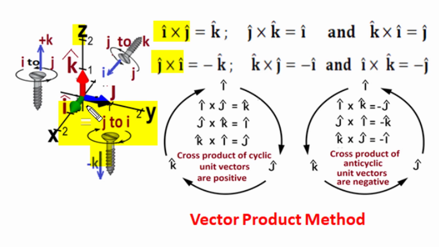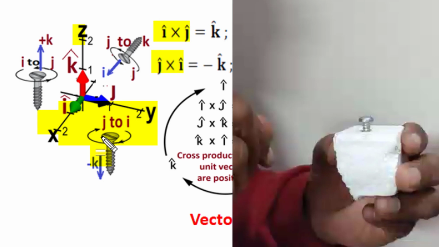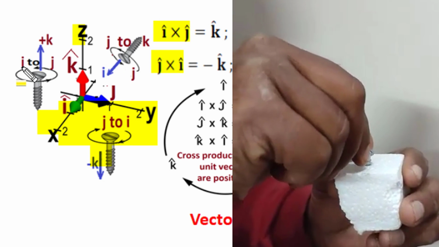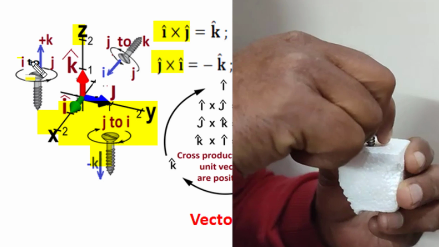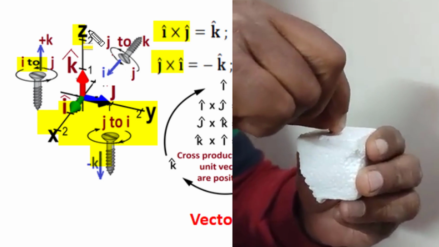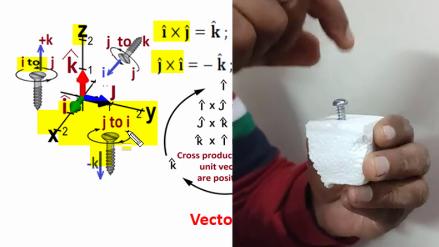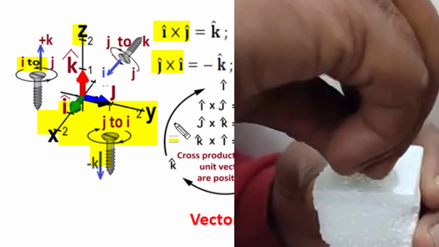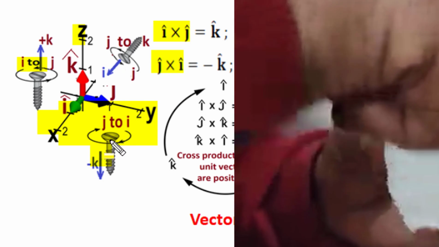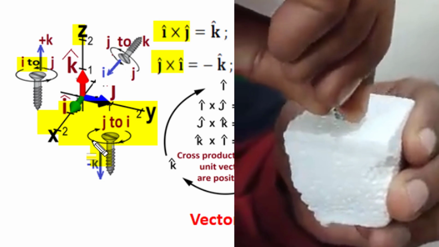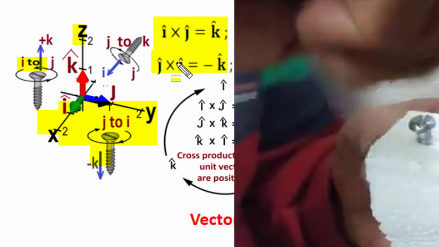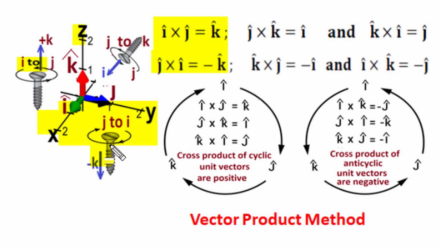And if we place the axis of the cork and screw perpendicular to this xy plane along z direction and rotate the screw from right hand from i to j, then it will move in plus k direction, and if the same screw is rotated from j to i, from first vector to second vector, it goes inward in minus k direction. So this can be easily tested from the right hand corkscrew rule.